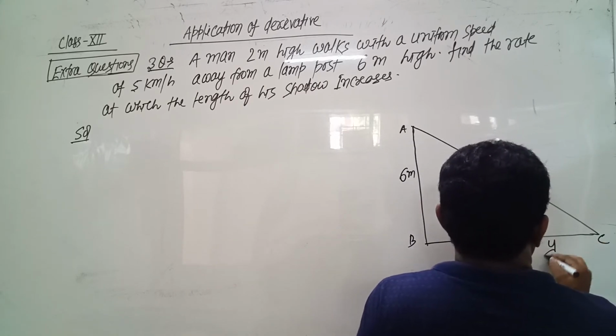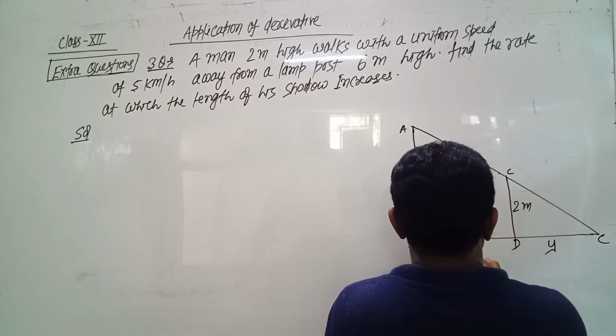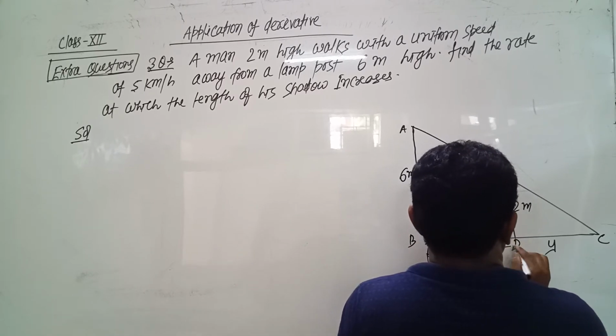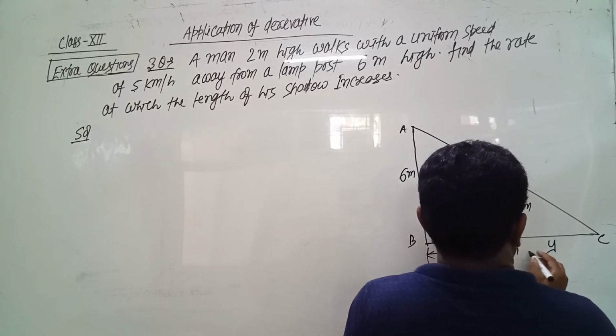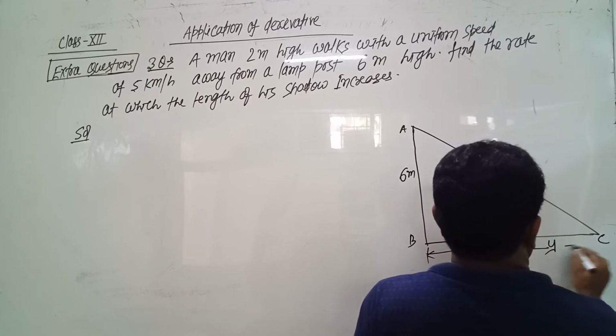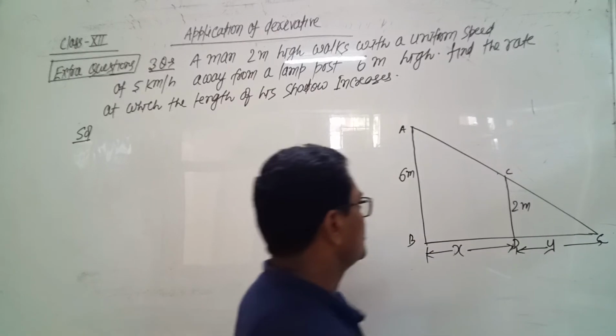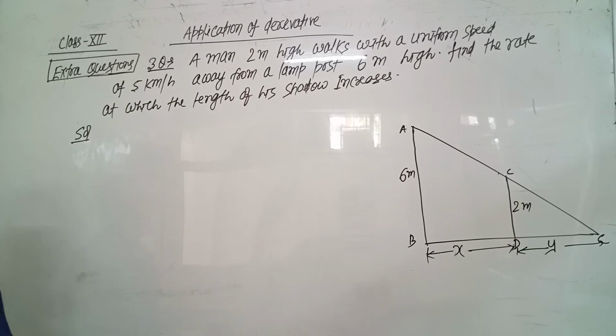Suppose CD is y and PD is x. This distance we have supposed y and this distance is x. And dx by dt is given.